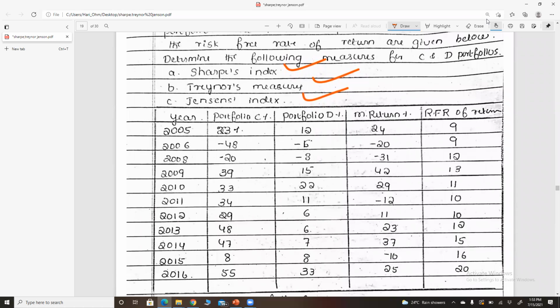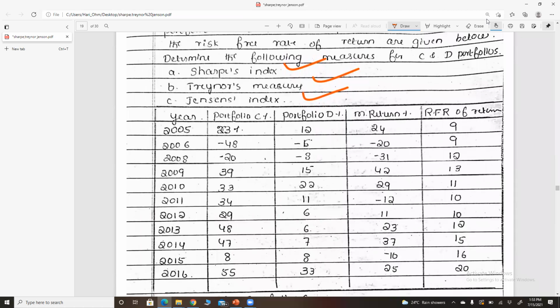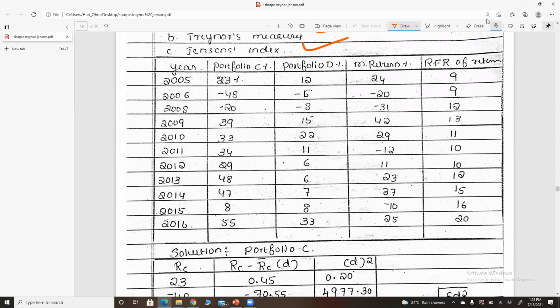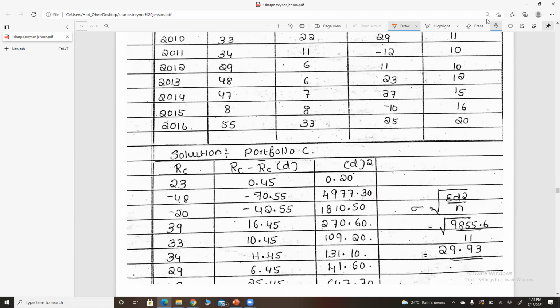Here, beta is not given, and the standard deviation of portfolio C and portfolio D is also not given. So you need to calculate the return of the portfolio, then the standard deviation of the portfolio, then beta. This problem is the same as the last problem that we worked out.